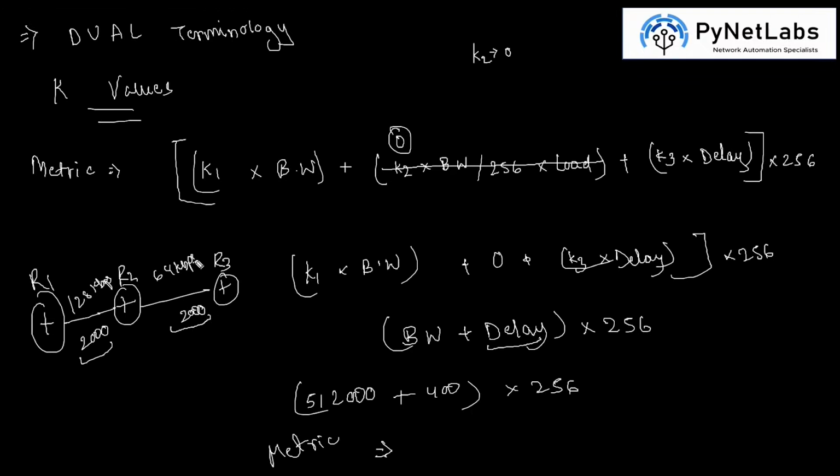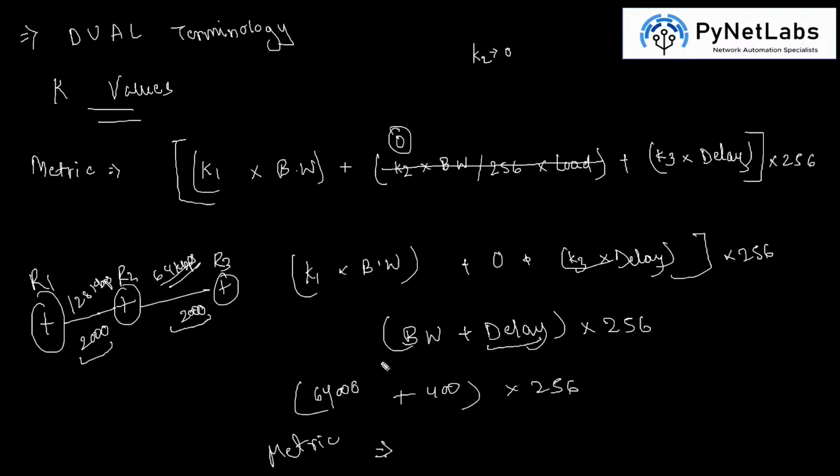Now, the thing to keep in mind is you always have to use the bandwidth which is least on the network. So here the 64 kbps will be used, and instead of 512,000, we'll be using 64,000. Okay, I'm repeating myself again, don't worry.